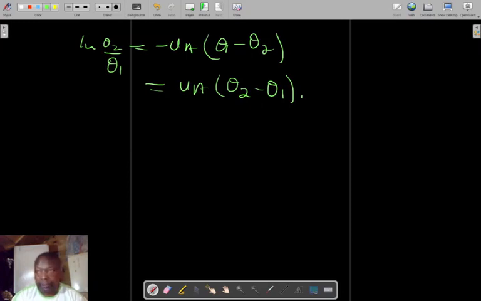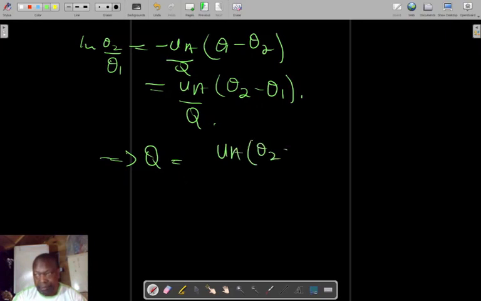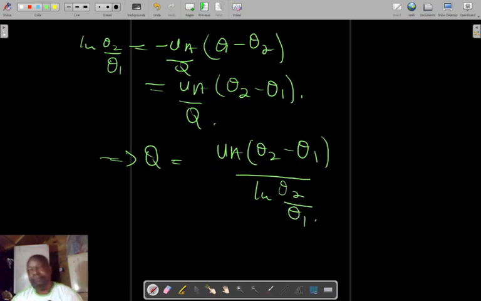So it implies that our Q is equal to UA (theta 2 minus theta 1) divided by ln theta 2 by theta 1.